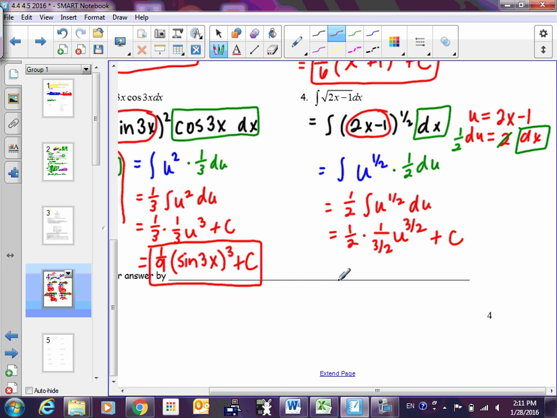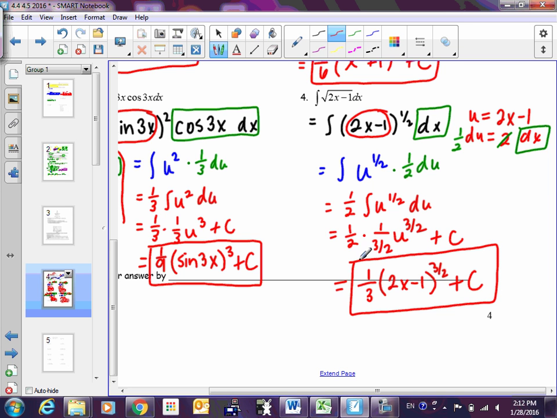You could just leave it like it is and go 1 times 1, and then what's 2 times 3/2? 3. You could change this thing right here to 2/3. Either way, you multiply those two numbers together, you get a third. And then again, in place of the u, go ahead and write in what u equals. And don't forget your plus c.